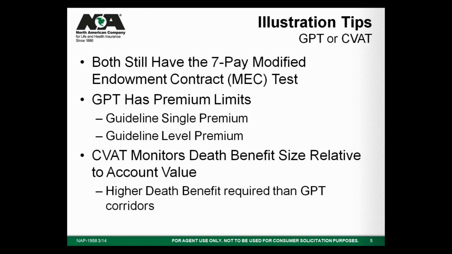Just to get into these two options a little bit, most of the illustrations we run here are the Guideline premium test. And the reason is, on CVAT, even if you're running it for the 7-pay, the IRS is really strict about a change in the product.